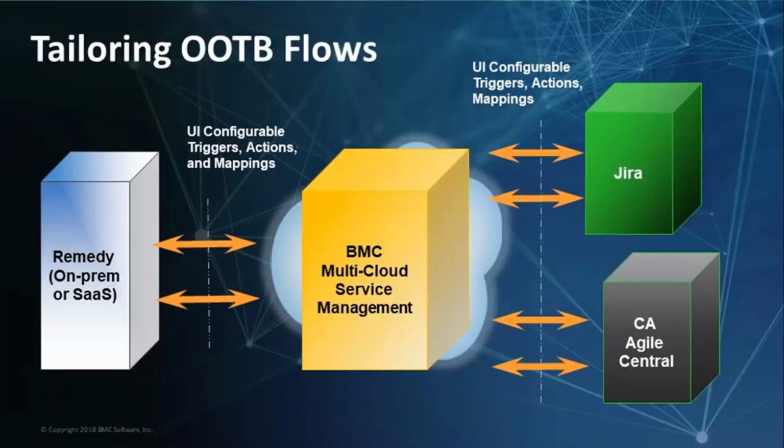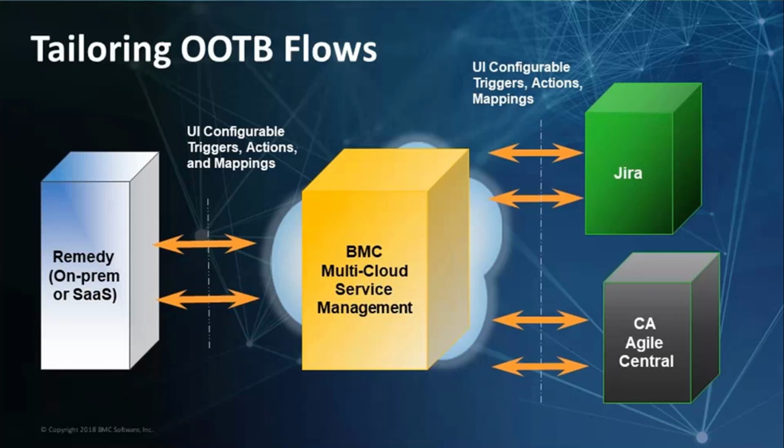From a detail standpoint, if you want to double-click down one level below, this is showing the flows that we use to actually move the data between the different applications. And those flows contain different components. They contain the concept of a trigger. A trigger is what's actually looking at the vendor or the tickets, monitoring it, and determining if that ticket should be moved.